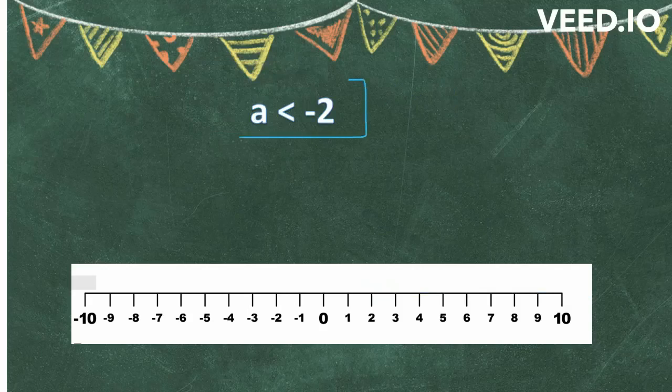Suppose we say a is less than minus 2. A can hold any value that is lesser than minus 2. If I say a is less than or equal to minus 2, then a can hold a value of minus 2 because it says lesser than or equal to.